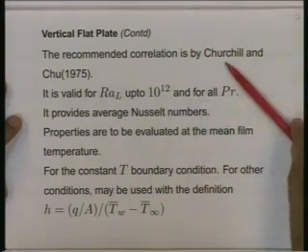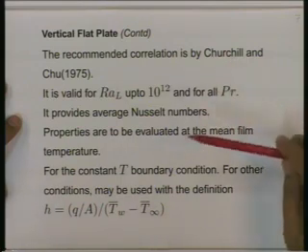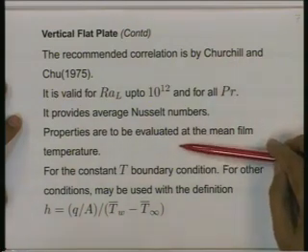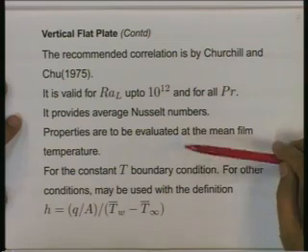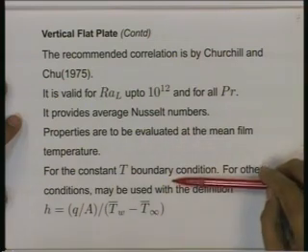And this correlation is essentially applicable or derived using data on constant temperature boundary condition. So it is assumed that the surface is at some uniform temperature Tw. The heat flux may vary, heat transfer coefficient local may vary, but the local surface temperature is at a unique uniform value.